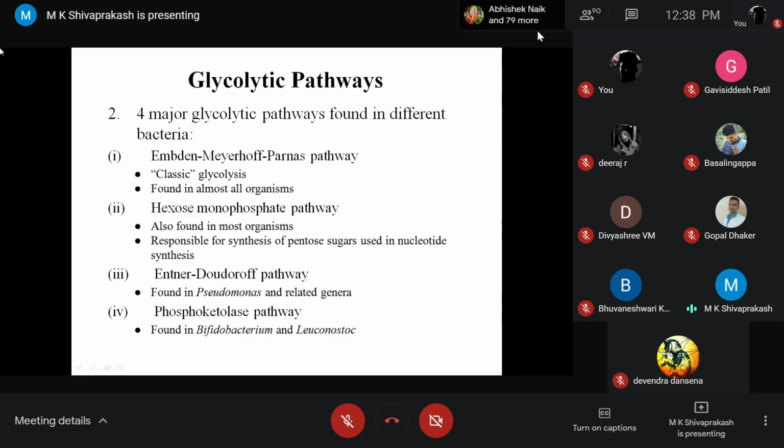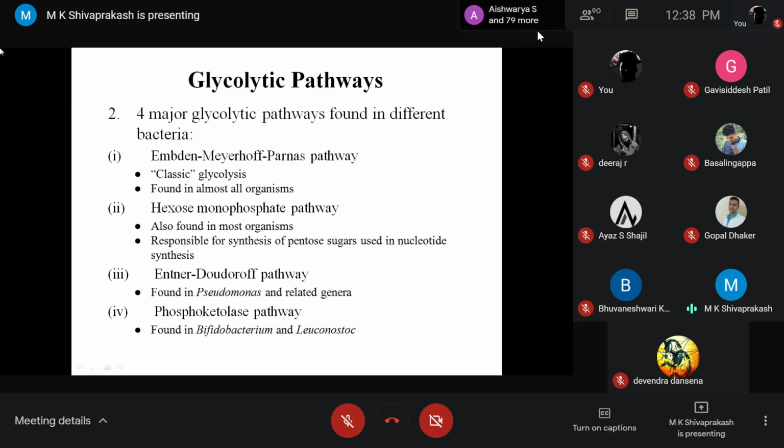The main purpose of the HMP pathway is the production of five-carbon sugars, ribose and ribulose, which are required in the synthesis of DNA and RNA.